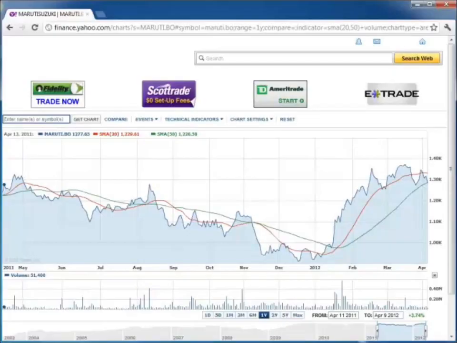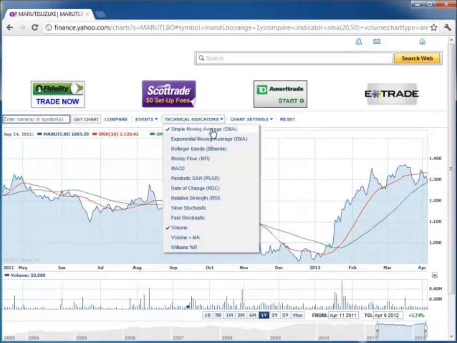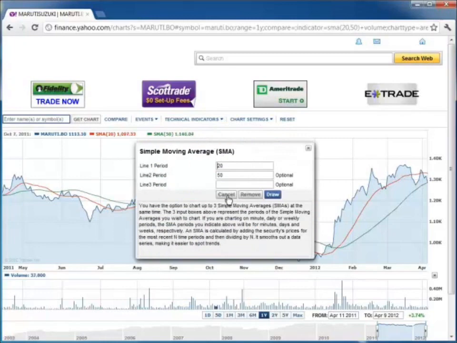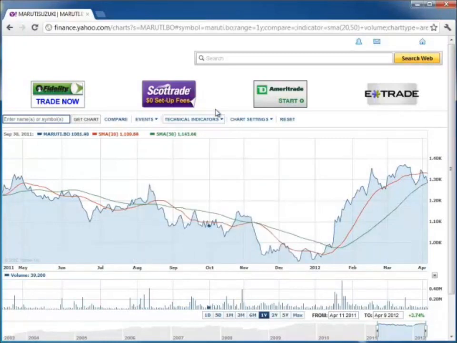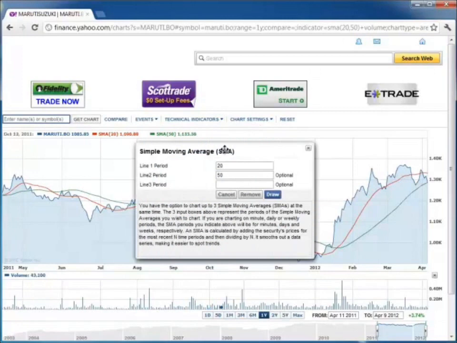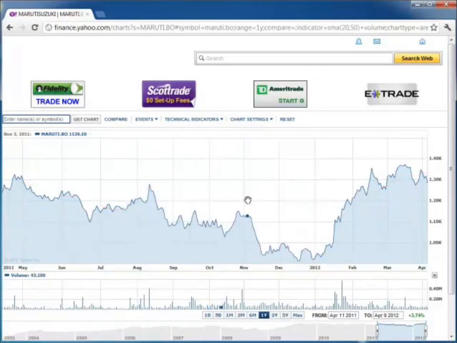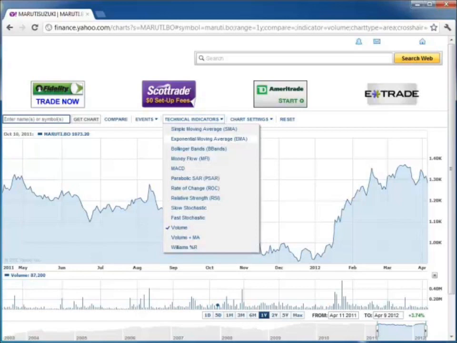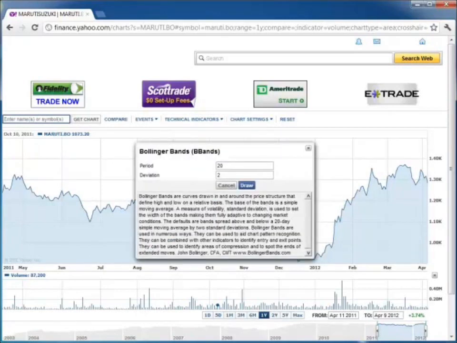Back to our chart here. So what we're going to do now is first remove the moving averages. So now we just have the price graphed over 1 year. And now we can also go in here and plot Bollinger Bands.